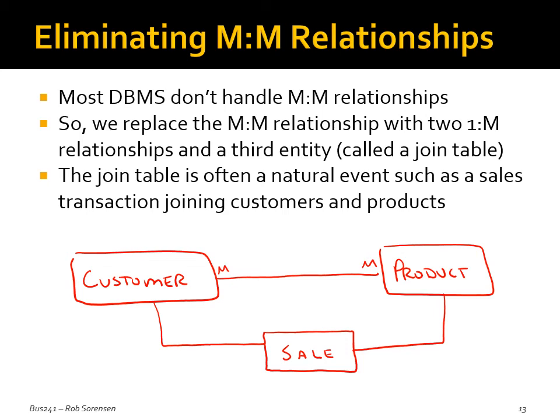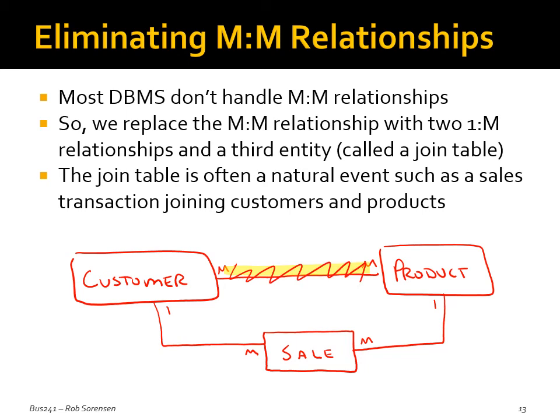Now, each product can get sold multiple times, but each sale is only for one product. Each customer can have multiple sales orders, but each sale just talks about one customer. So now I've replaced my original relationship here with a new one on the bottom. All right, so I can now go through and eliminate that one or delete it.